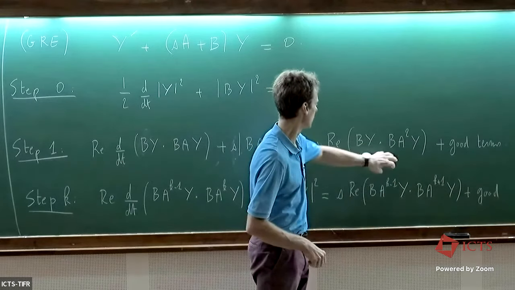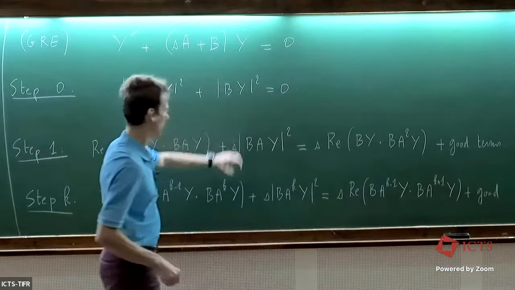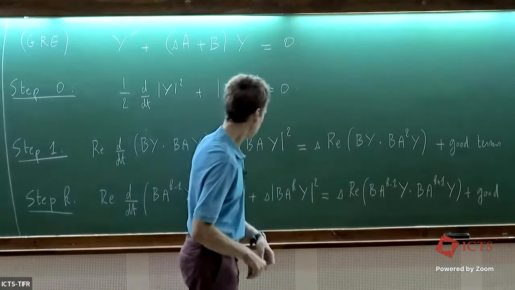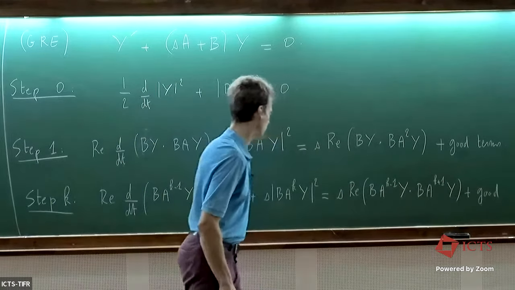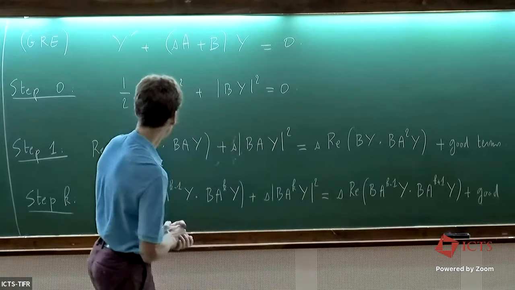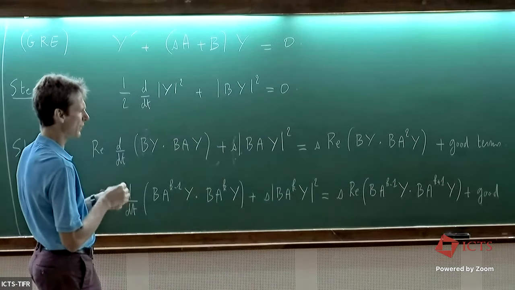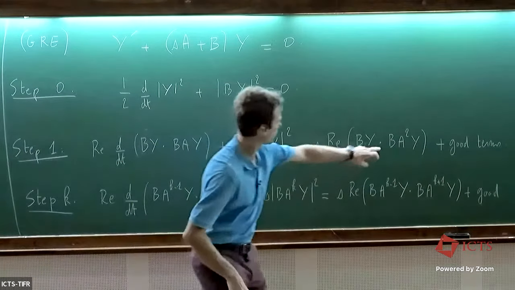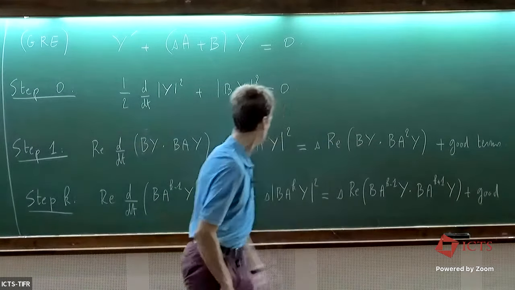So this term is exactly of this type. In general, it's not necessarily the case, so you have to go further in the computations. So the idea would be to generate a relation where this quantity appears with a square.